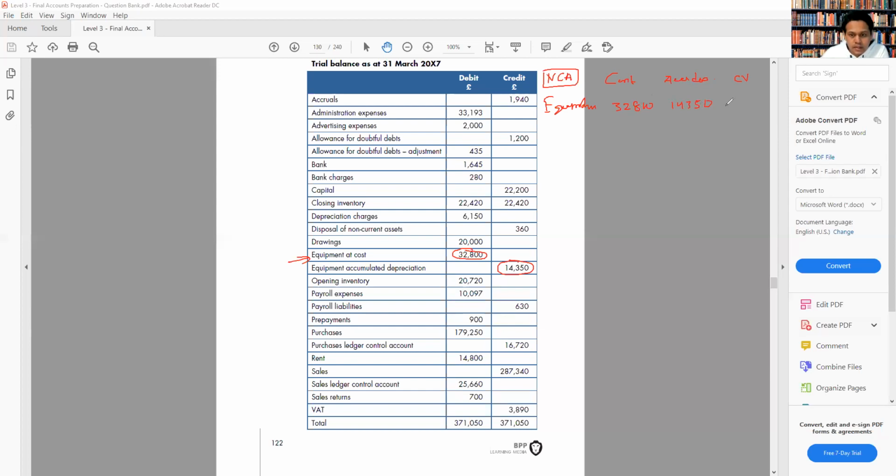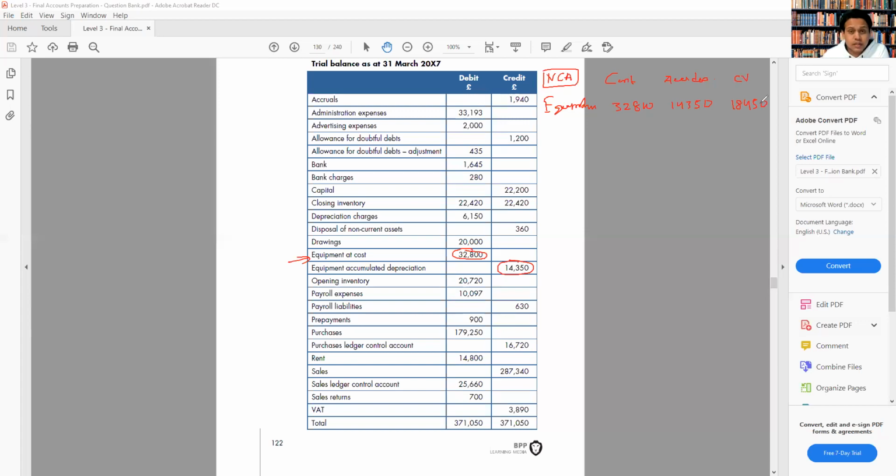That will be 18,450. So right now, the value of the non-current asset is 18,450, because accumulated depreciation means this value is already gone. Why? Because the asset may be really old and some of the value is already gone.